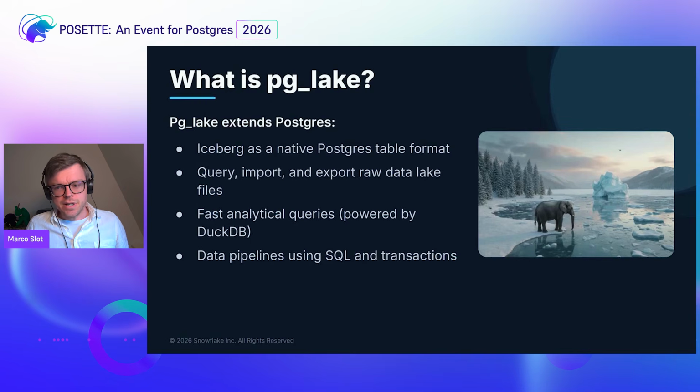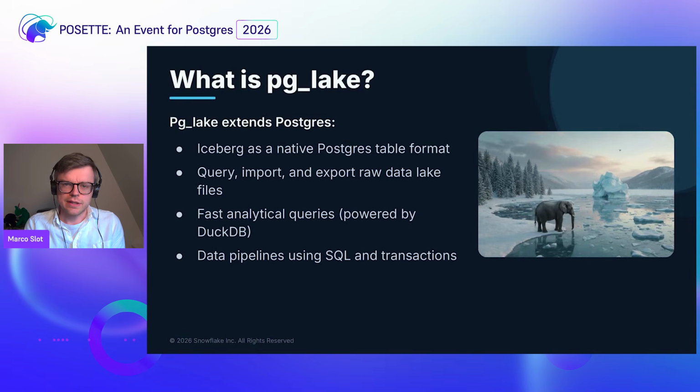So PG Lake essentially brings this technology into Postgres. So number one, it adds Iceberg as a really native feeling table format where you can create Iceberg tables from Postgres and query them and do updates or import existing Iceberg tables.